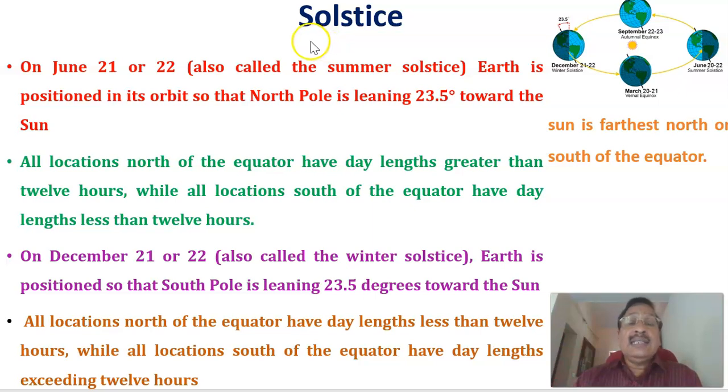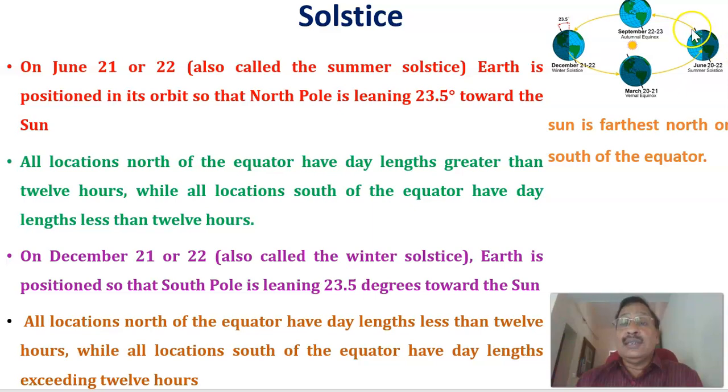Now let us see what we mean by solstice. During June 21 to 22, this is the earth's movement over different months. On June 21 or 22, this is the position of the earth, and this is the sun. During that period, the earth is positioned in its orbit so that the North Pole is leaning 23.5 degrees towards the sun.